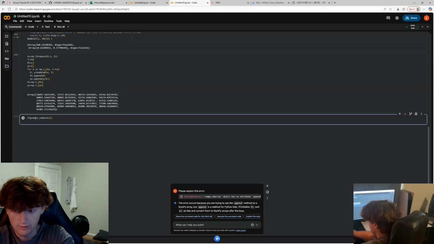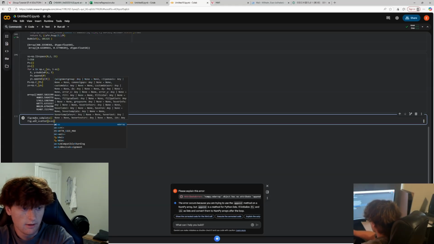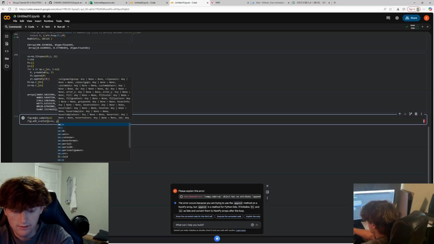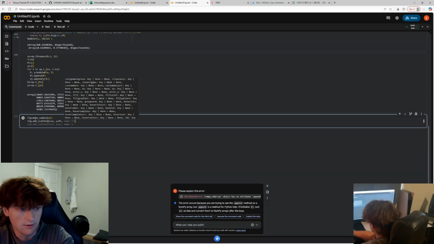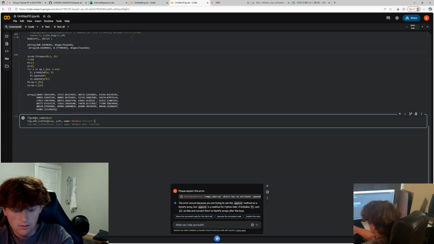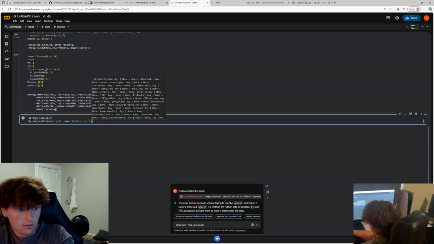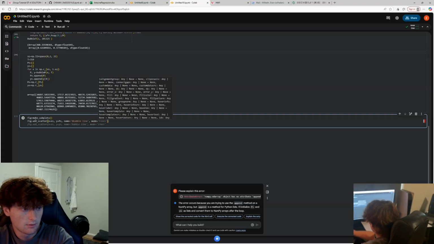We'll just do fig make subplots, leave it open, and then fig dot add underscore scatter, and our x is going to be our liquid mole fractions, and then we want our y to equal our Ps, and the name of this will equal our bubble line, and then we'll do mode equals lines.